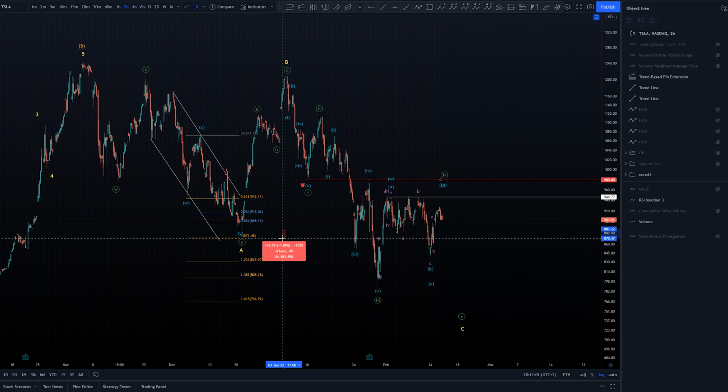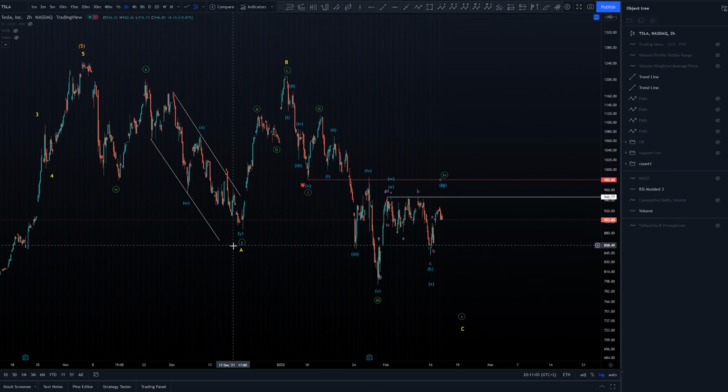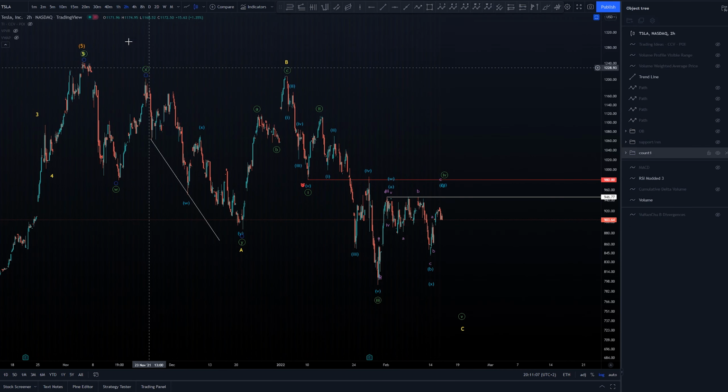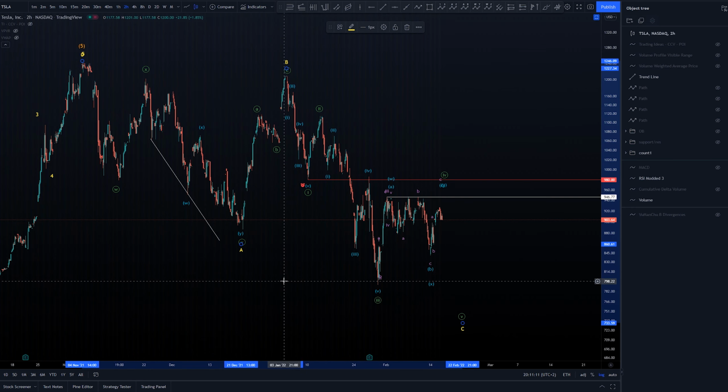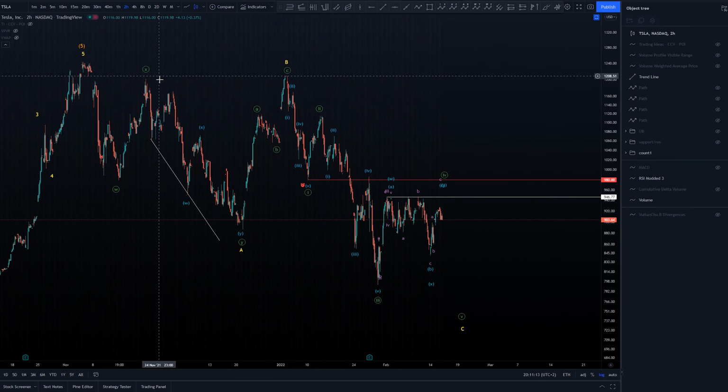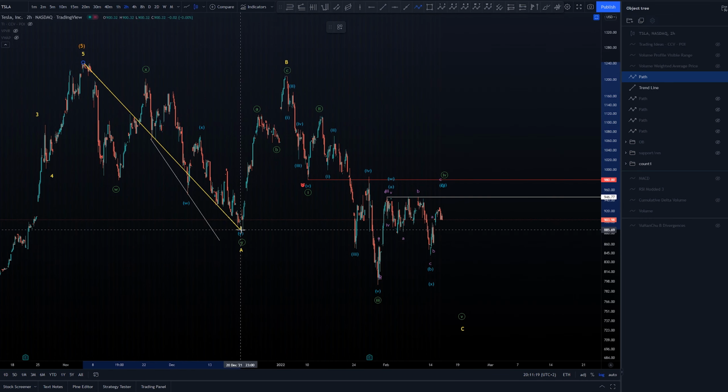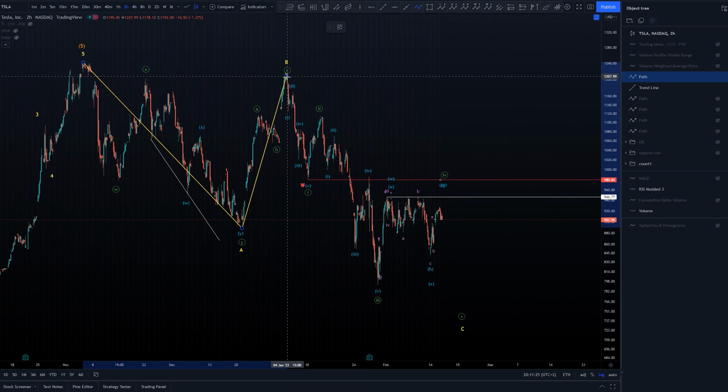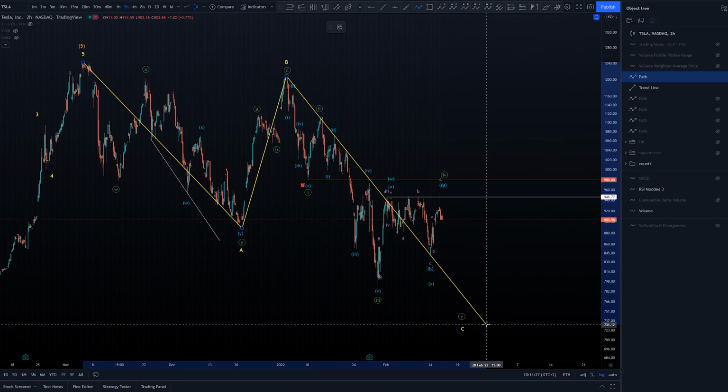A couple of percent more of a drop, I wouldn't mind at all. But in any case, this is how I labeled it. Then this would create the A wave of this here, so A, so here. Then the B as a normal ABC, and the fifth would come down here.